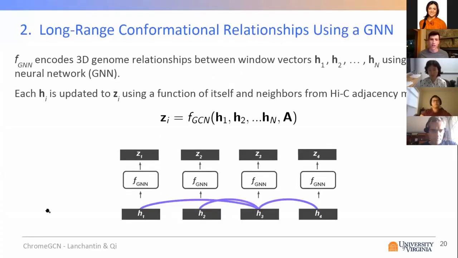So once we have these vectors H, the second module, which is the main contribution of our work, encodes this 3D conformational relationships between all window vectors using a graph neural network.